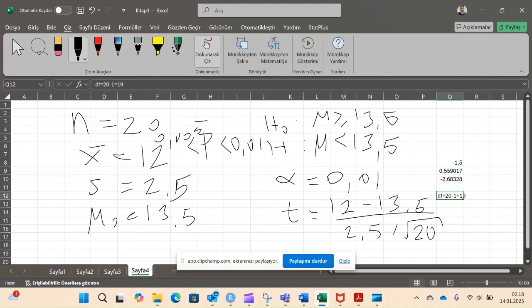So we know the p-value is less than 0.01, so we can reject the null hypothesis here, which means that the population mean is significantly smaller than 13.5. When we check the t table, we need to be careful about the degrees of freedom.